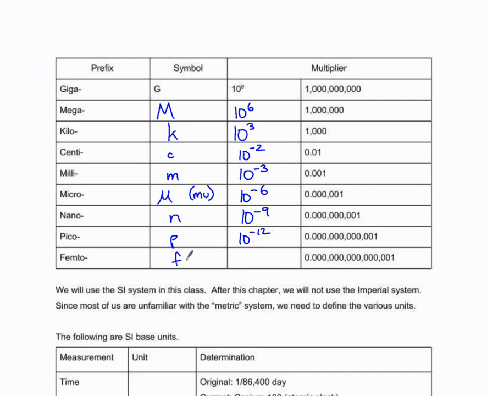Femto, lowercase f, times 10 to the negative 15th. We will see every once in a while femto show up in chemistry because the distance between atoms is often in the range of femtometers, or 10 to the negative 15th meters.